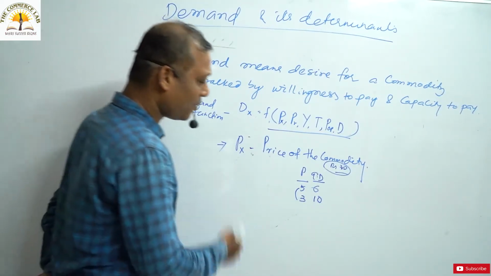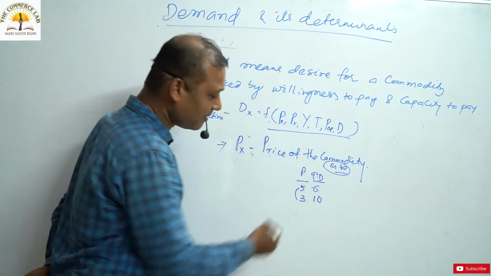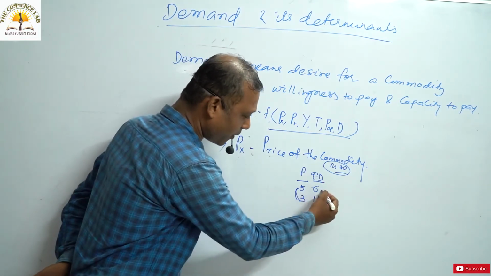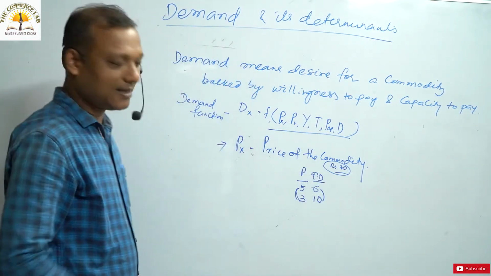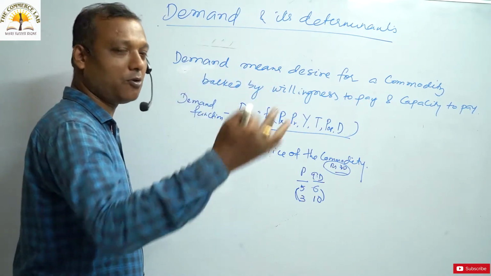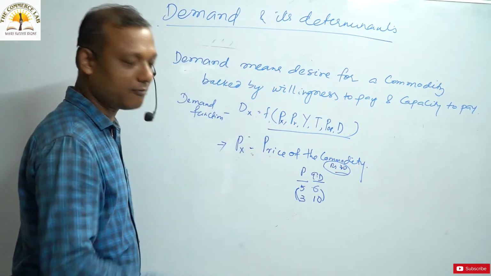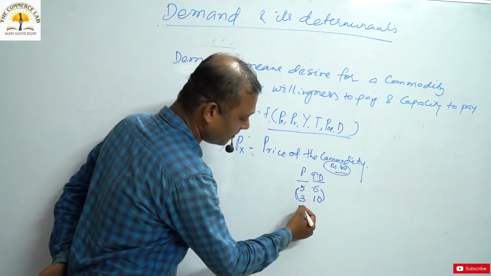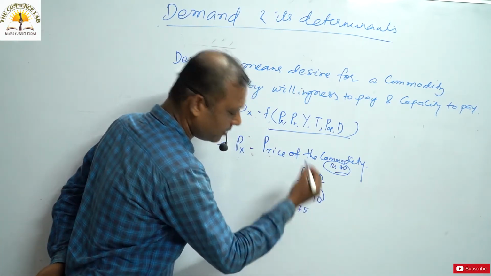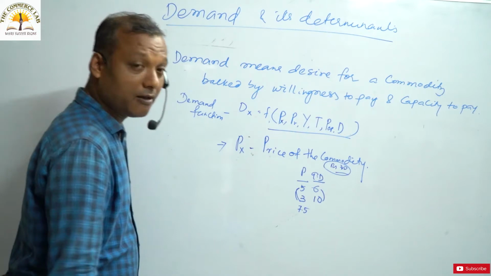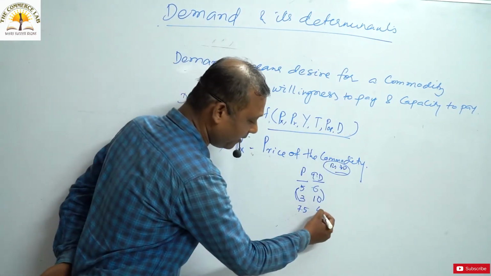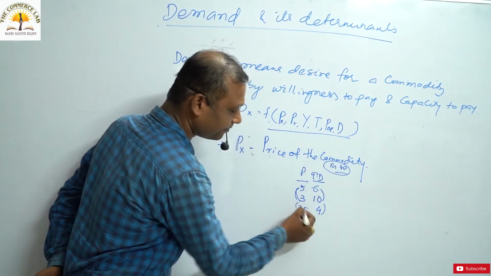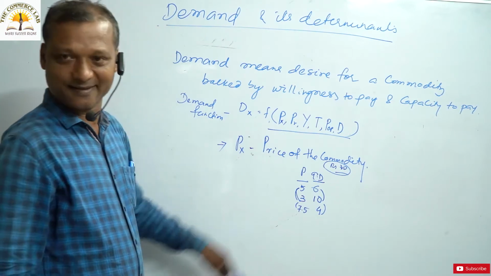So now what happened? We have seen with the fall in price, our quantity demanded rises. Again, when you go to the market after 1 or 2 days, if the egg is costing 7.5, with 30 rupees we can purchase only 4 eggs. Are you clear?